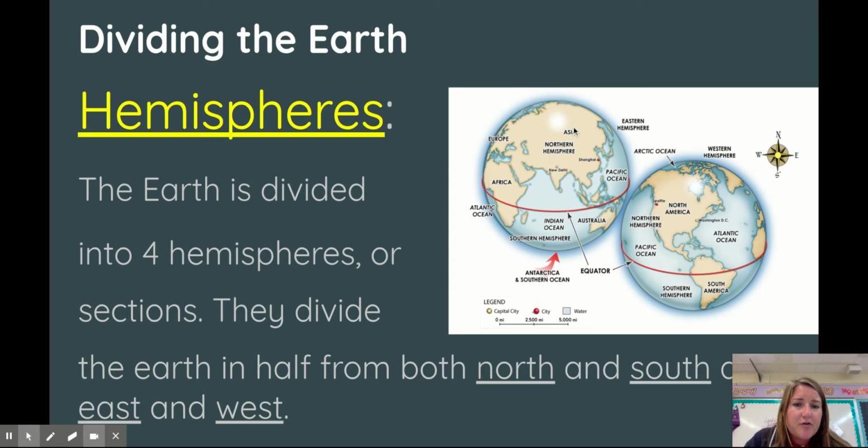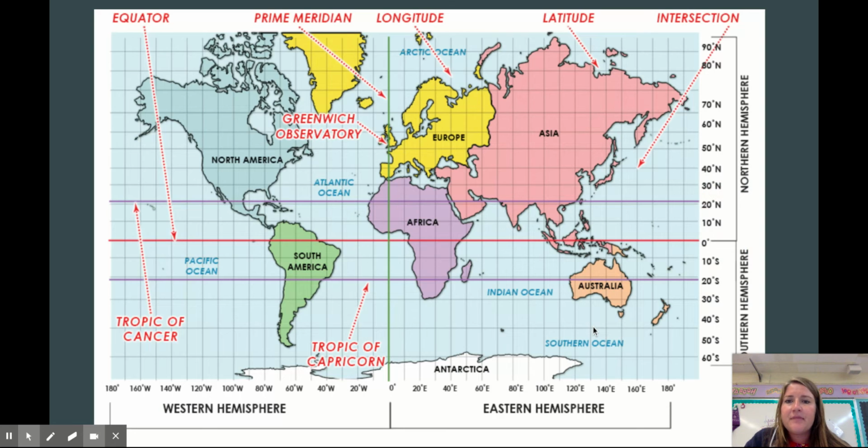So we have the northern hemisphere, and it's divided by the equator, which is this red line right here. We have the southern hemisphere, and if you see, this side is all the eastern hemisphere. If you think about it, if you were to take a ball and cut it around like this, then we have the western hemisphere, okay? Alrighty.